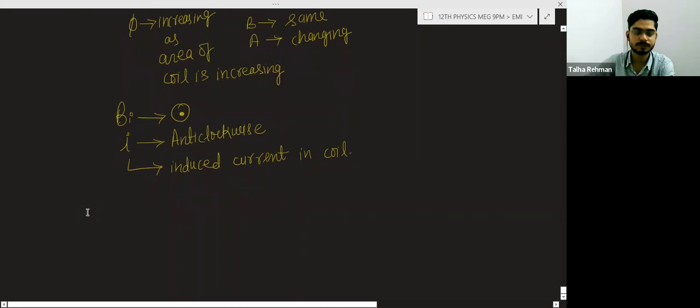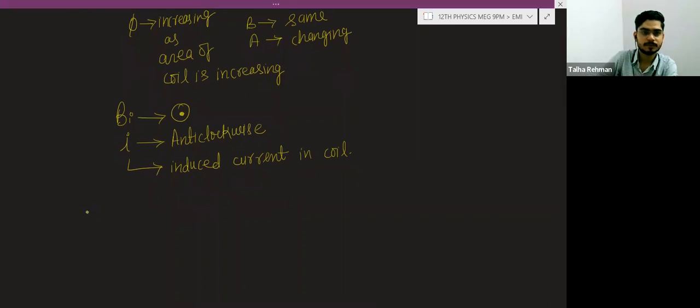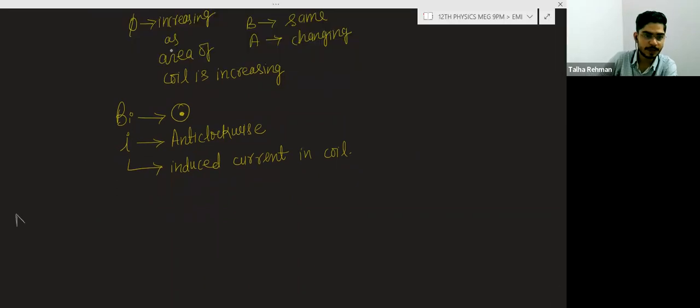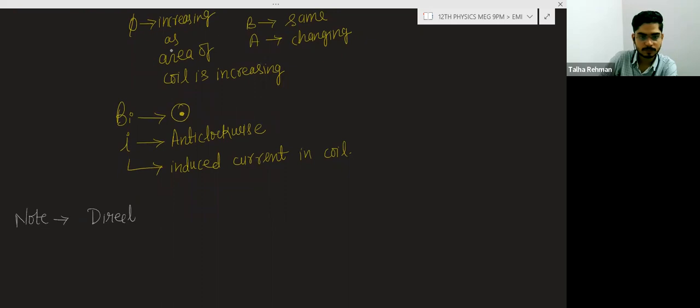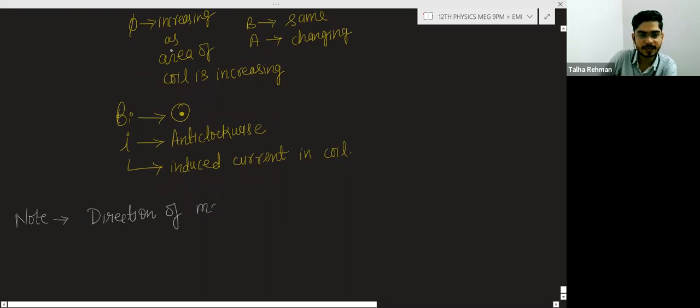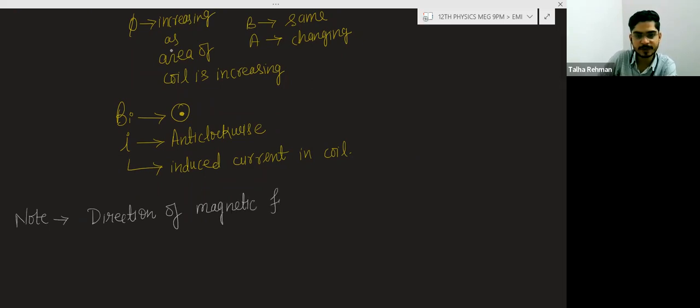So there is one node point, and I will use this node point. Direction of magnetic field for a circular coil carrying current.